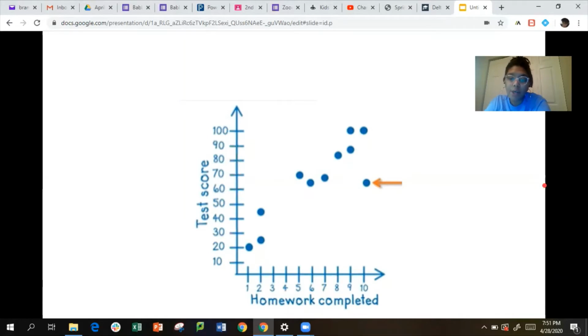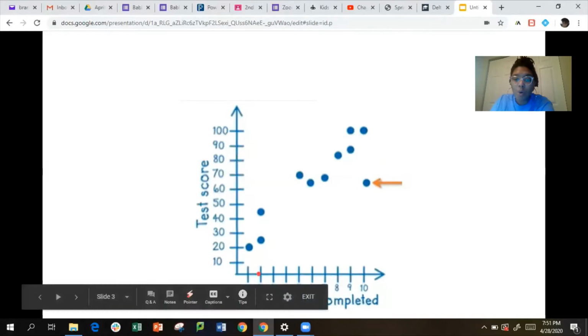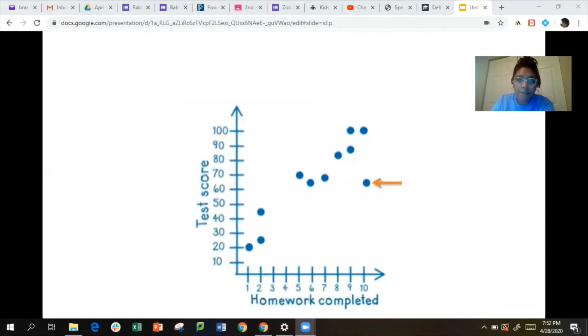So if someone had completed 2 homeworks, it looks like their test score would be about 28. Somewhere along those lines. Okay, so how you find that out is you would draw a line going up from 2 and then over, and then that would tell you that if they did 2 homeworks, their test score would be about a 28.